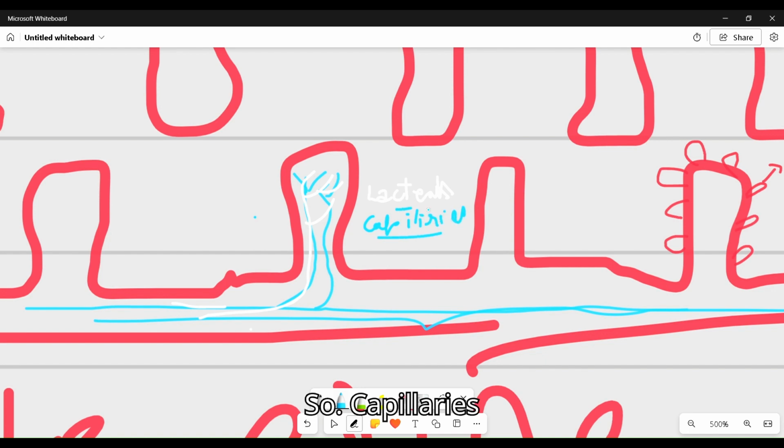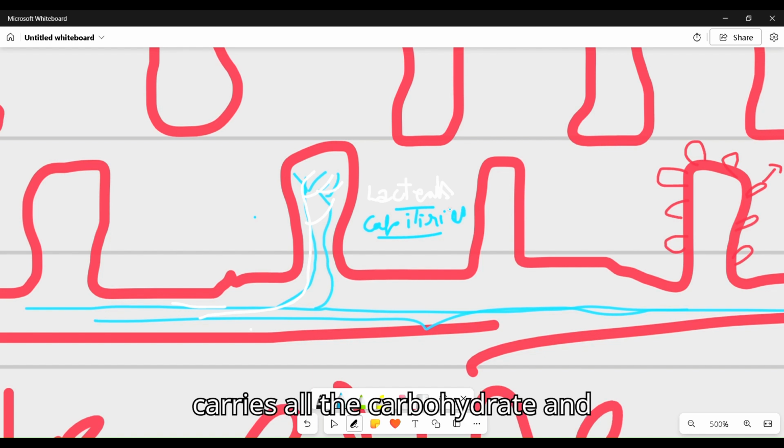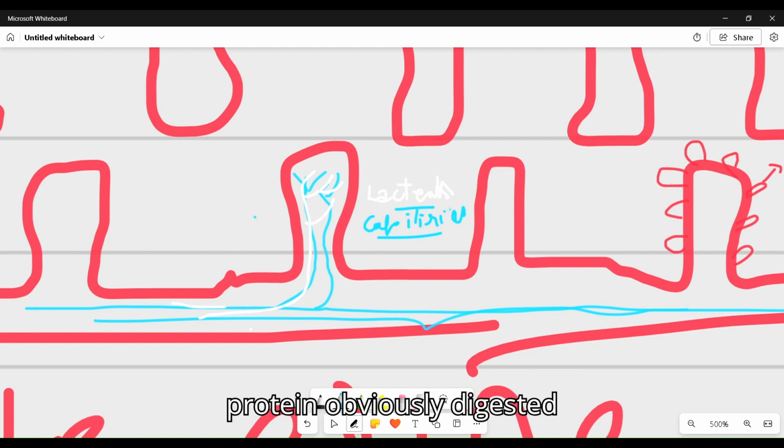So capillaries carry all the carbohydrates and proteins which are digested, and the lacteals carry fatty acids. As fat is insoluble in blood, so these are lacteals.